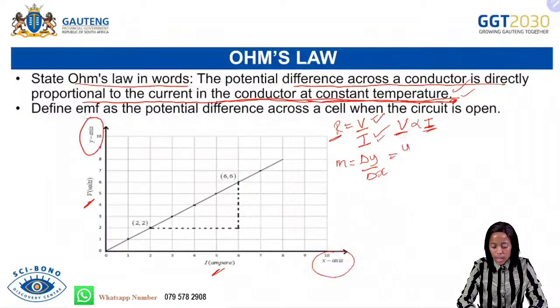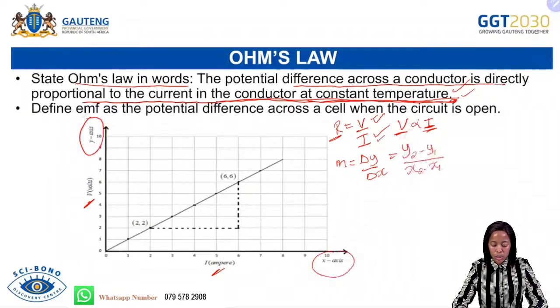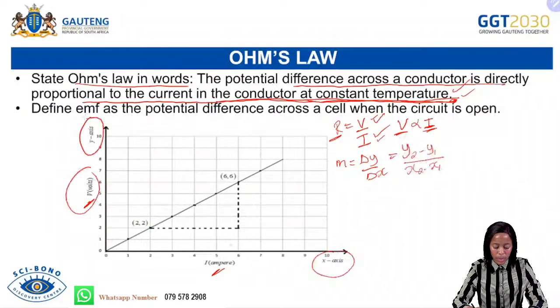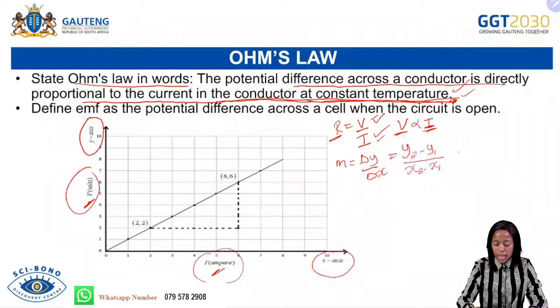So with that, we are saying y2 minus y1 divided by x2 minus x1, okay? But according to the graph, we can see that on the y-axis, we have the volts, which is the potential difference, and then we also have I, which represents the current.